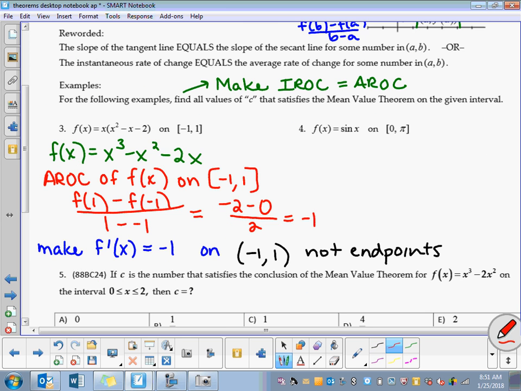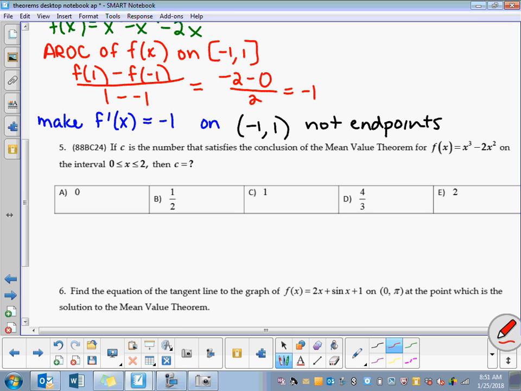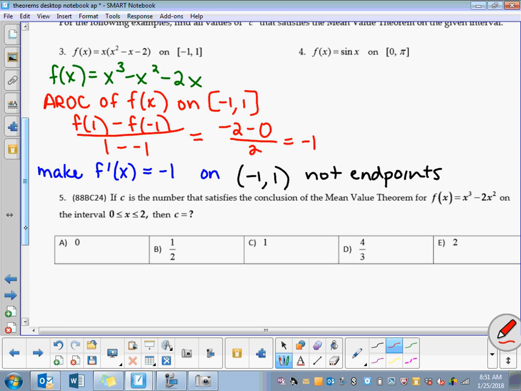All right, so problem number 4 and problem number 5 are both applications of the mean value theorem. Problem 4 is exactly what we did on number 3.